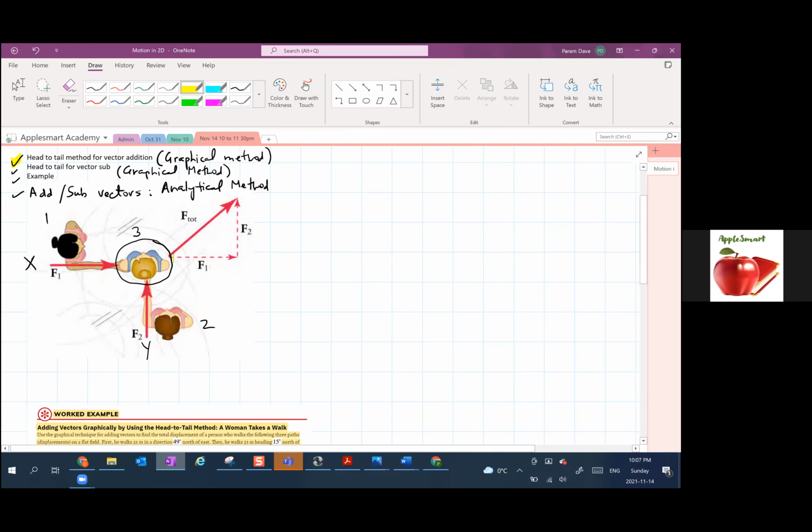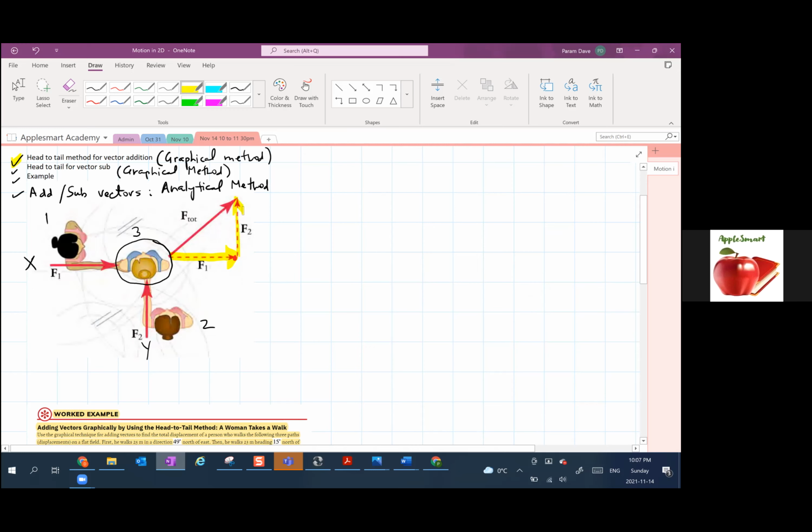So a little bit to the right, that is this one right here, okay? And what you do is where you ended that arrow over here, at that point, you start drawing the second push, that is F2. And so you have a little bit of push in that direction as well by the second friend.